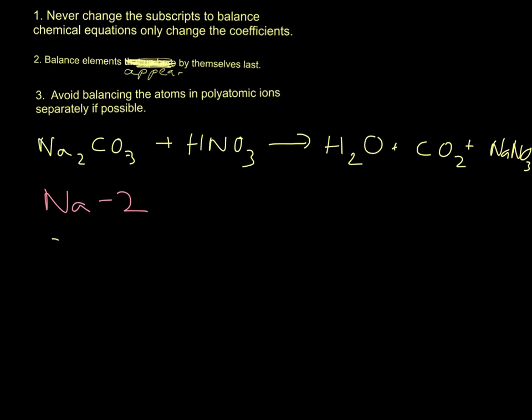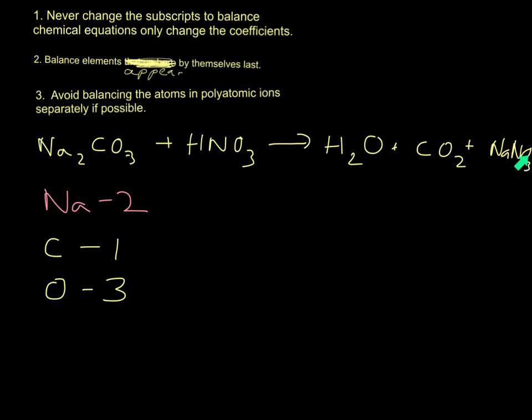So, I have 1 carbon and then my oxygen. Now I have 3 oxygens in my carbonate, but then I see another 3 oxygens over here. These 3 oxygens are part of the polyatomic ion nitrate. Before I count these oxygens separately, I want to see, does nitrate appear on the other side of my equation? It does!